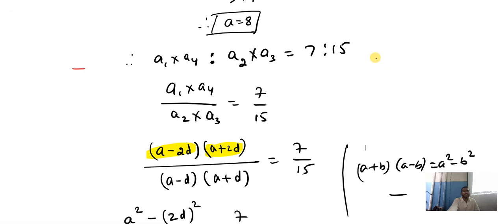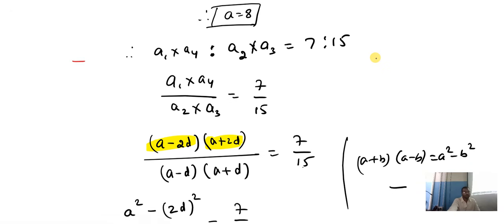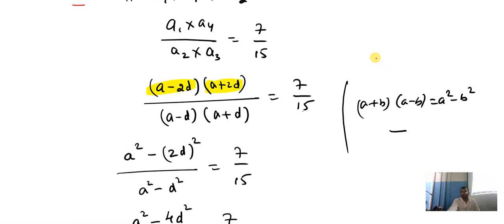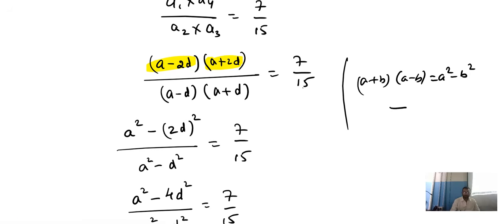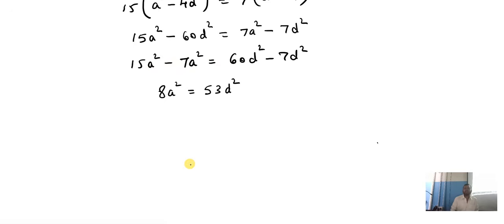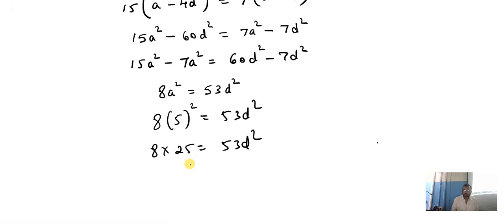Then 8 into 5 square, which is 25, equals 53D square. Now 8 into 25 divided by 53 is equal to D square.